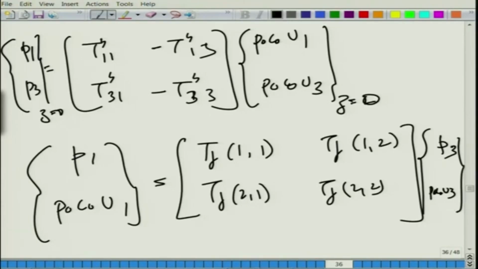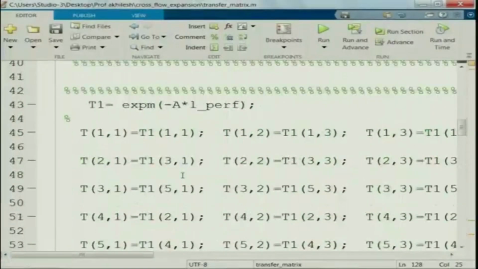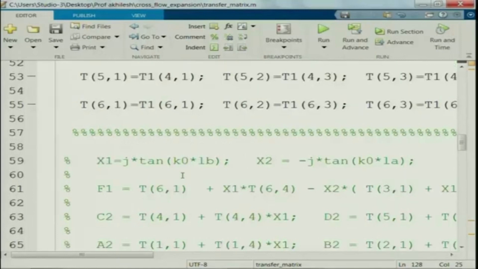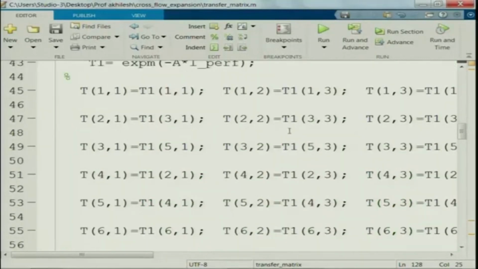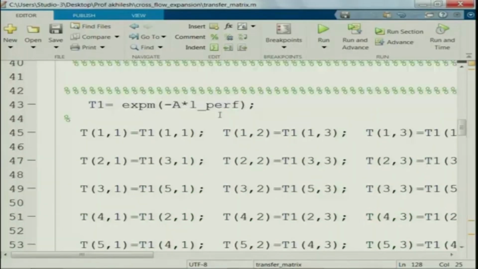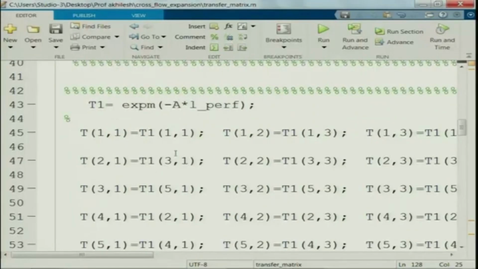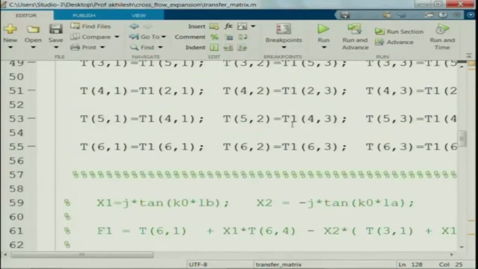So, what I am going to do is jump onto MATLAB and show you the relevant things. Interestingly, everything else in the code remains the same, because it is really a 3 duct interacting system, you can use the same thing. So, you have this kind of a thing, you integrate it and then rearrange it in a form like this to have things in P and rho naught C naught U form rather than this particular form.